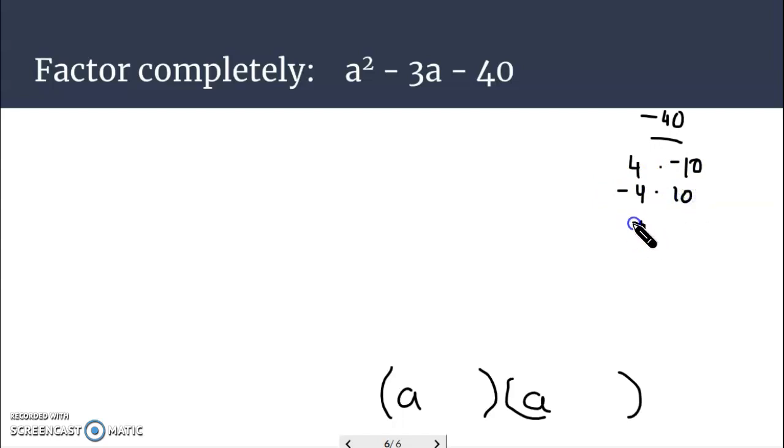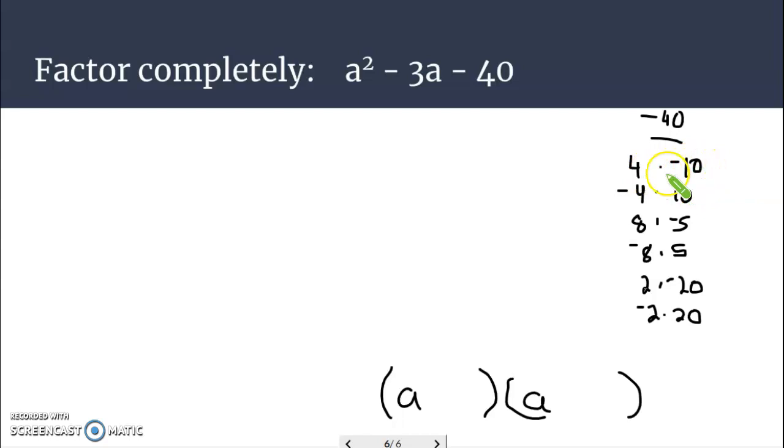We could do 8 times negative 5. Negative 8 times positive 5. We could do 2 times negative 20, or negative 2 times positive 20. And of course, 1 and 40, I won't list those because those definitely won't work.